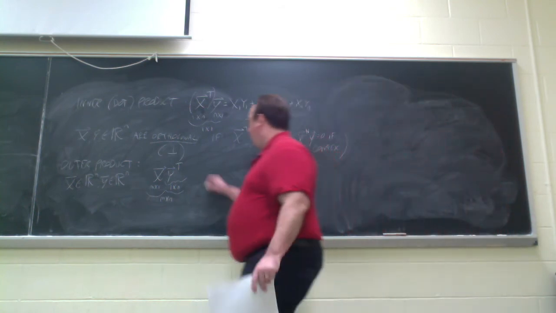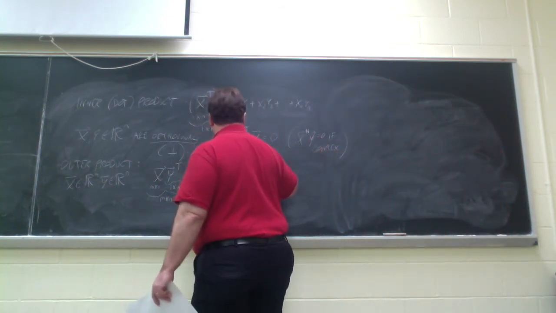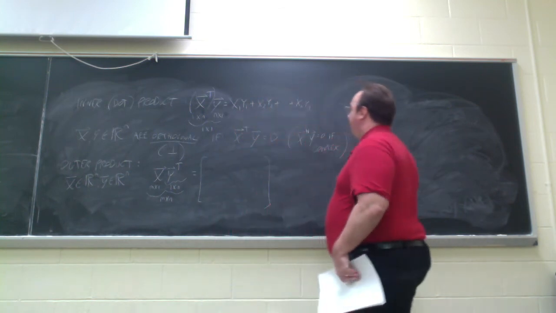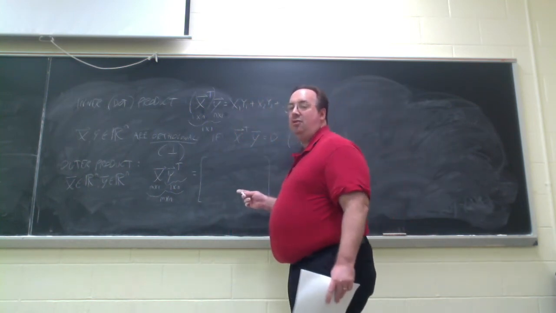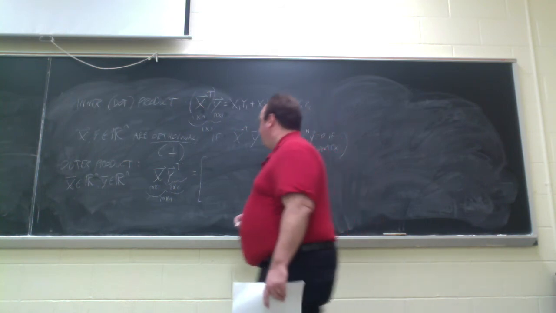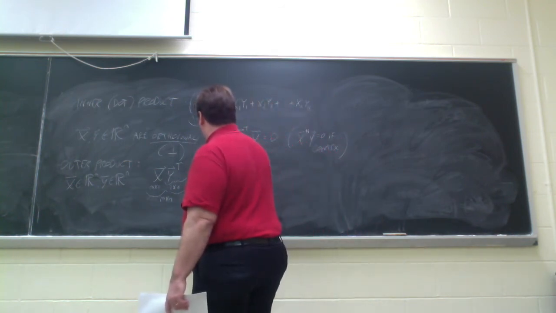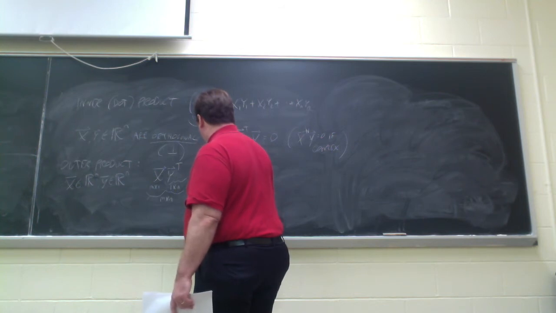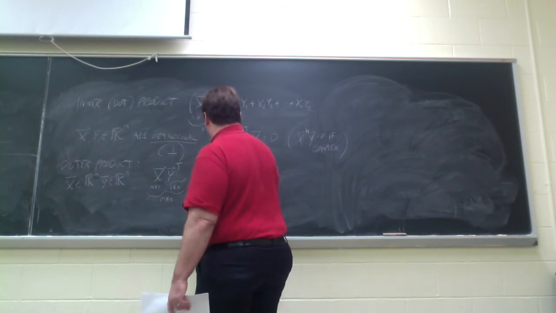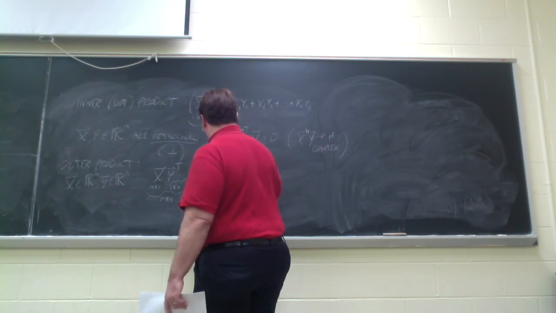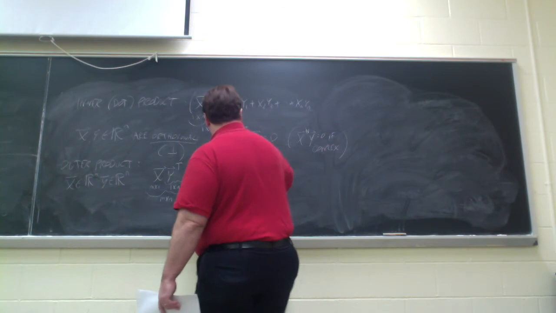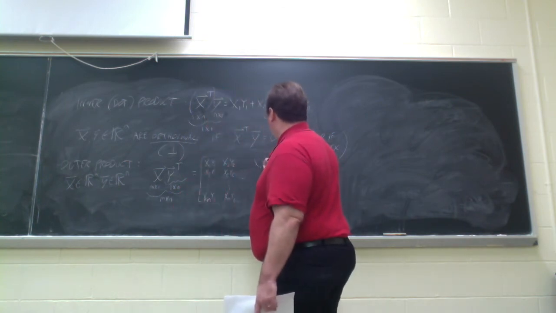So the way we would define this, and it can be worked out using the matrix multiplication formula, is each entry is no longer a sum, like in a general case. It's just a product. So I have x1 y1, x2 y1, and so the whole first column is just x times y1. The second column is x again, but times y2, and so on, to the last column, which is x times yn.